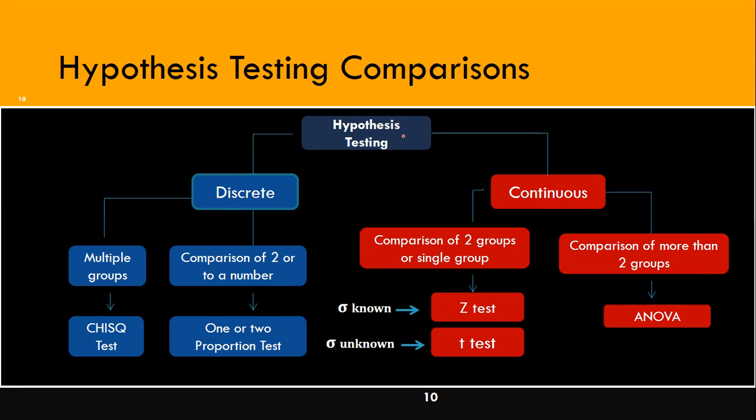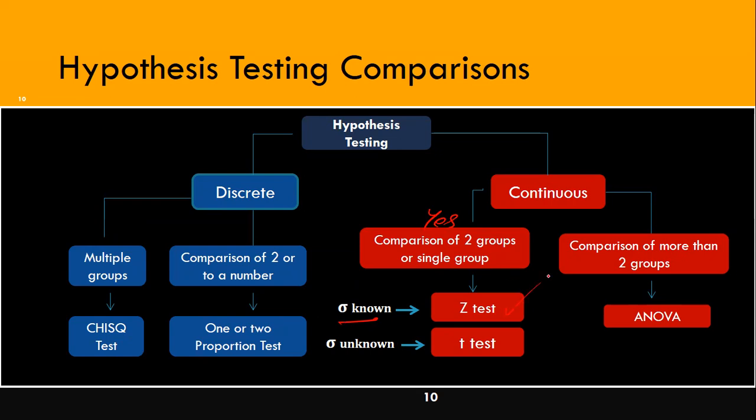If the variable is continuous, and if you want to compare a single group or two groups, you want to compare two different sample groups, or you want to compare a single sample mean with the population mean, in that kind of case, if this is yes, and if you know the population standard deviation, then you conduct the Z test.